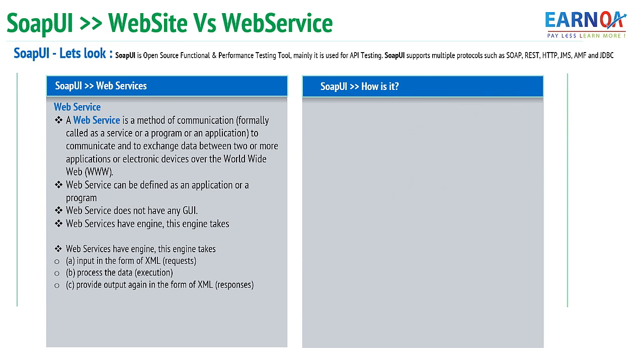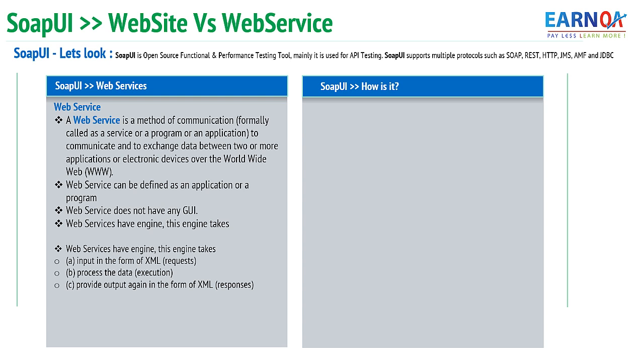To explain you more, a web service is like a method, a program, an application which is used to communicate or to exchange data between two or more systems over the globe. So it needs data, it can process the data, and it can retrieve the data.